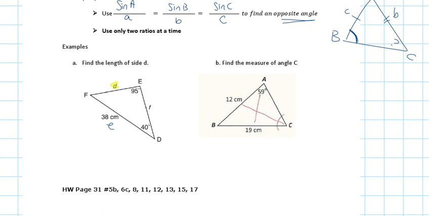E over sine E equals D over sine D. So you see how I changed the letters. That doesn't mean we can't use the formula, right? We changed the letters in the formula as well.